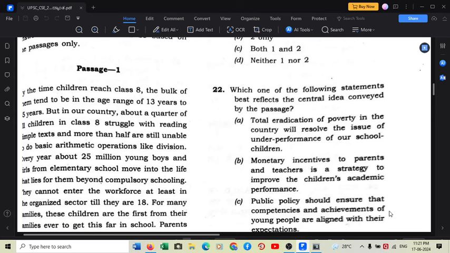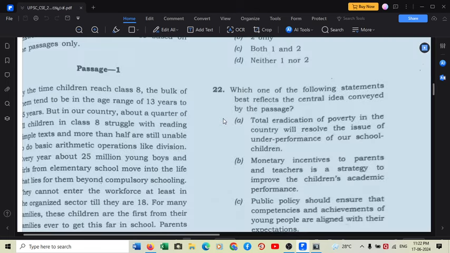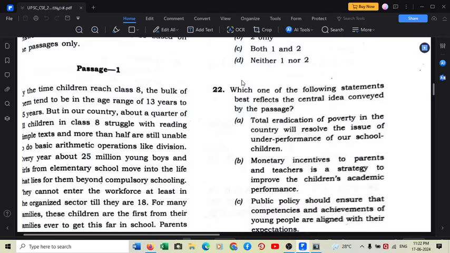Definitely there is some link, as in, if 25 million young boys and girls opt out from the elementary stage and move into another life beyond schooling, then somewhere it is linked to poverty. But let us look at other statements and see whether they capture the central idea better. So statement B, monetary incentives to parents and teachers, the strategy to improve the children's academic performance.